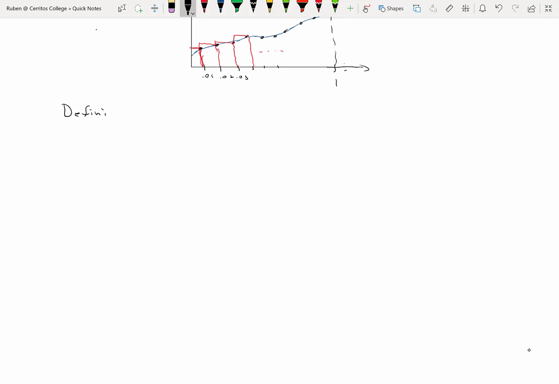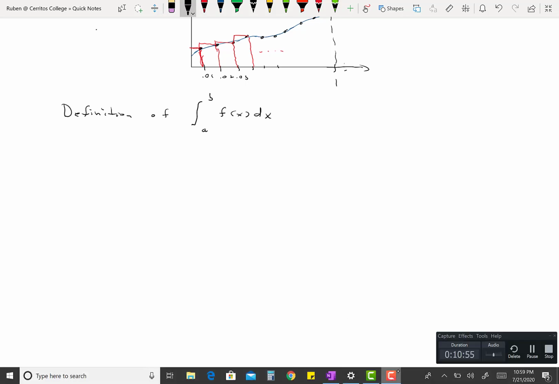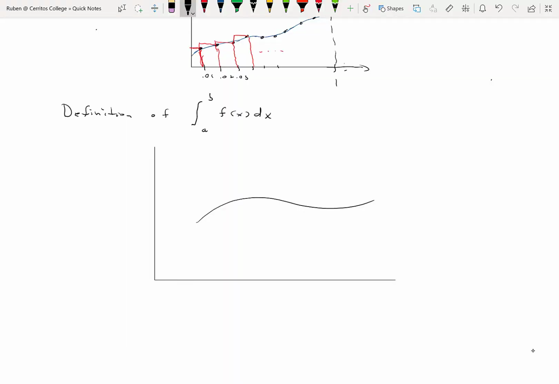The definition of the integral from a to b of f of x dx. So let's do that. Let's assume that we have a continuous function y equals f of x, and that continuous function is defined between 2 points along the x-axis, a and b.